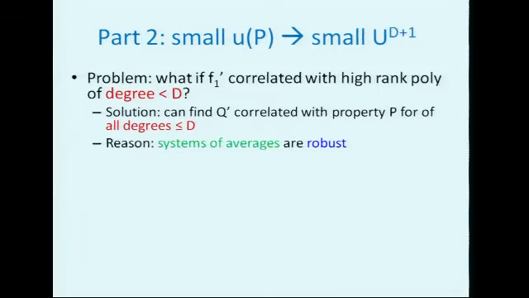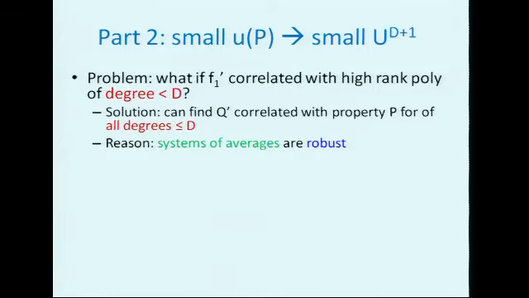This last part turns out to be somewhat annoying: what happens if this polynomial f1 prime is correlated with some high rank polynomial, but its degree is lower than d? The way we defined this set S, it's a set of degrees. Capital D was the maximal degree, but there might be some holes in the middle. So we need to show that there are no holes in the middle.